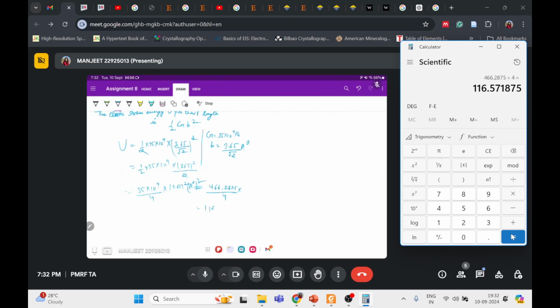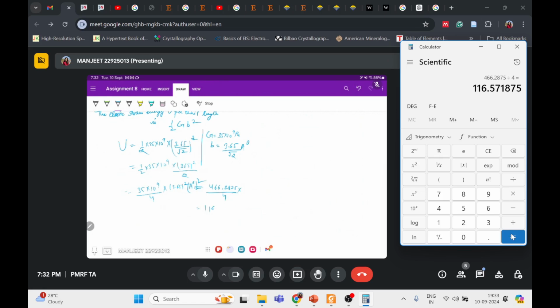So this will give you around 116.572 into 10 to the power minus 11, and if I calculate, this is 1.16 into 10 raised to power minus 9 Newton per meter, because we are talking about per unit length. So C is the correct answer.